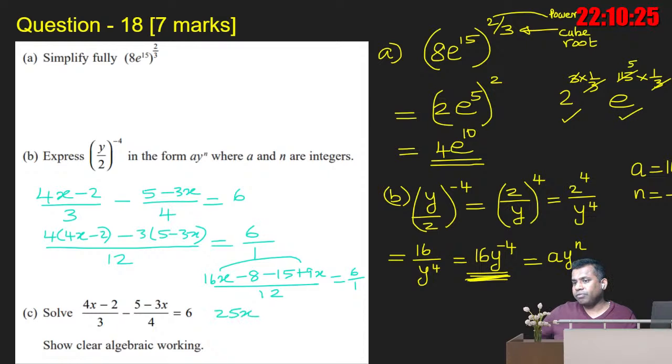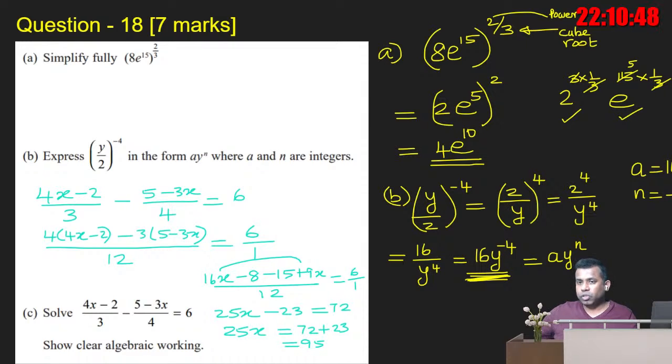Minus 8 minus 15 is minus 23. Now 12 times 6 is 72. Bring all the numbers to one side. So 25x equals 72 plus 23. So that is going to be 95, right?